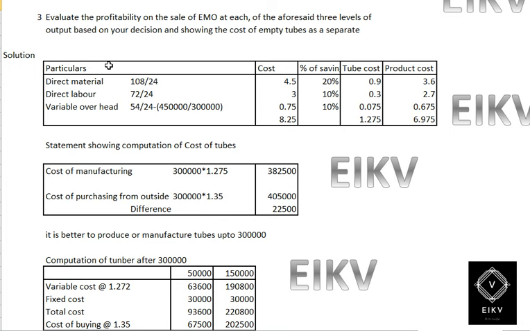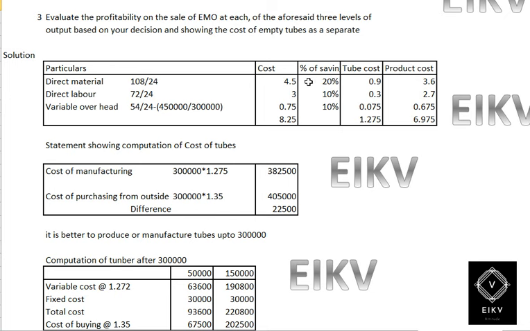So, going ahead with the solution, I have made a table containing the particulars, cost, percent of savings, tube cost and product cost. Direct material 108 divided by 24 tubes will give you the per unit cost of 4.5, out of which 20% is tube cost and the rest will be the cost of the product.